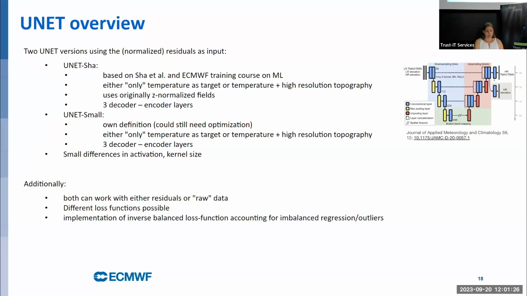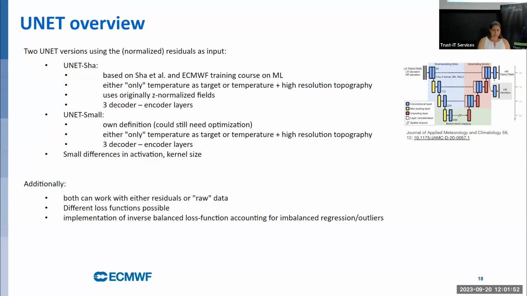using a set normalized field. And one model is based on the publication of Shah et al. for temperature downscaling and the ECMWF course of last year in May. And the idea of Shah was to either only have temperature as target or temperature plus the high resolution topography as target field.